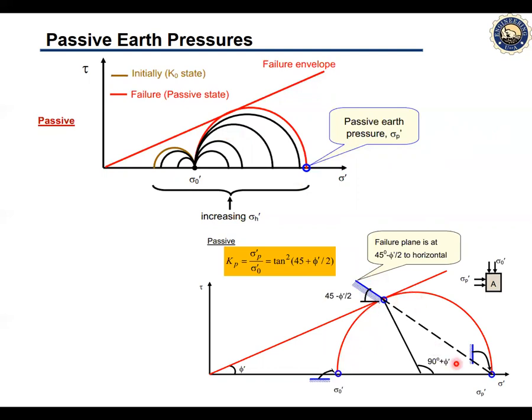So for this one, when we draw the failure line, the angle is 45 degrees minus phi prime over 2. So the KP stands for tan squared (45 degrees plus phi prime over 2).